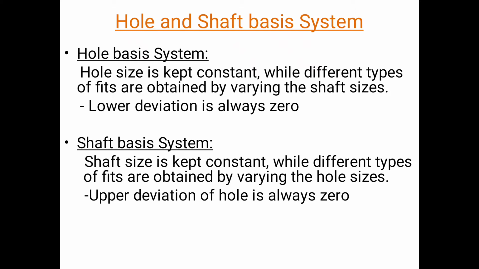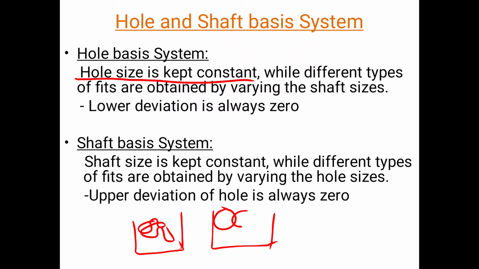So what is the hole basis system? In the hole basis system the hole size is kept constant. Generally, if we have a number of shafts and a number of components having holes, then we can either keep the shafts fixed or the hole fixed.